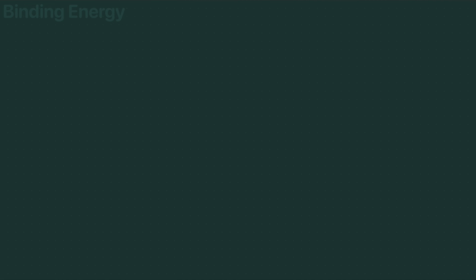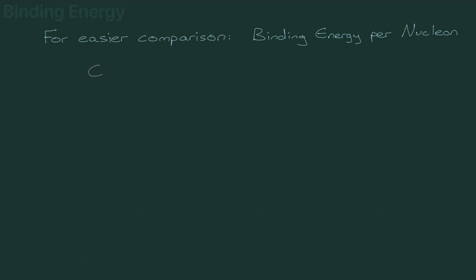Finishing off, we have a little more to consider. In physics, we like to be able to compare things neatly, so instead of total binding energy, we're going to refer to binding energy per nucleon. For the carbon-12, the total binding energy was 89.4 mega electron volts, which gives 89.4 over 12 equals 7.45 mega electron volts per nucleon.